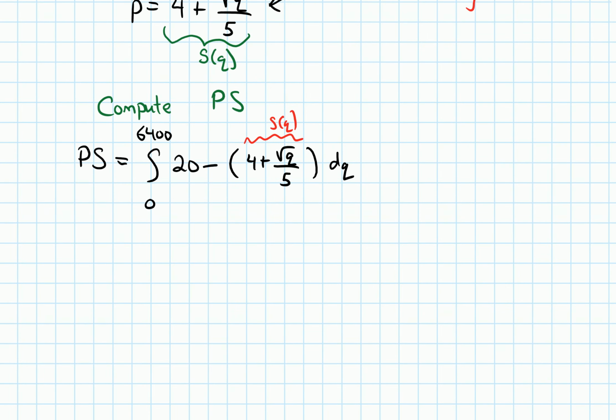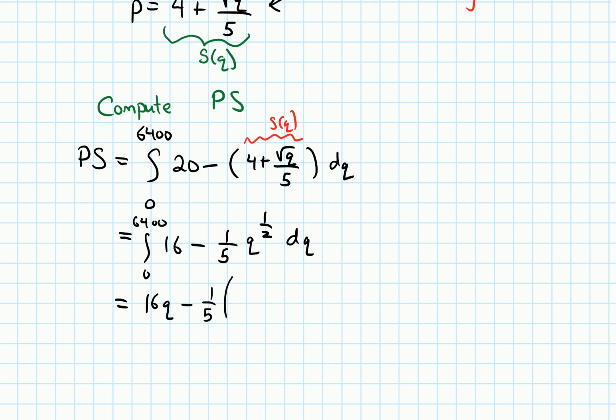All right, so we got our producer surplus equals the integral from 0 to 6,400. Distributing the negative sign, we will get 16 minus 1/5, and I'll rewrite square root of Q as Q to the 1/2 because it makes it easier to take the antiderivative of. So the antiderivative of 16 is 16Q, and then I get minus 1/5 times, reverse power rule says add 1 to the power, so I get Q to the 3/2.